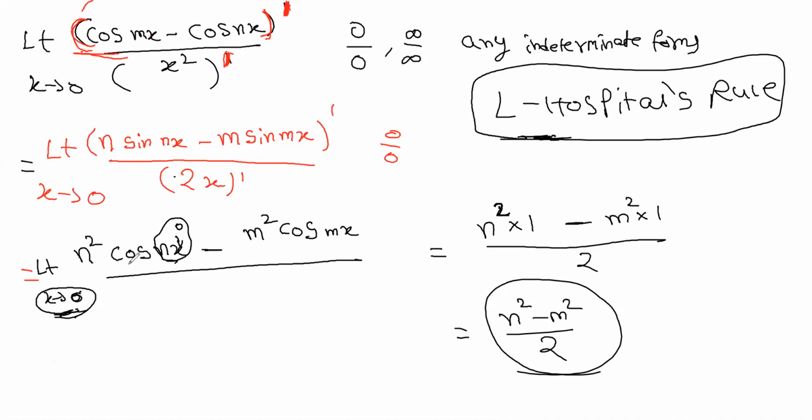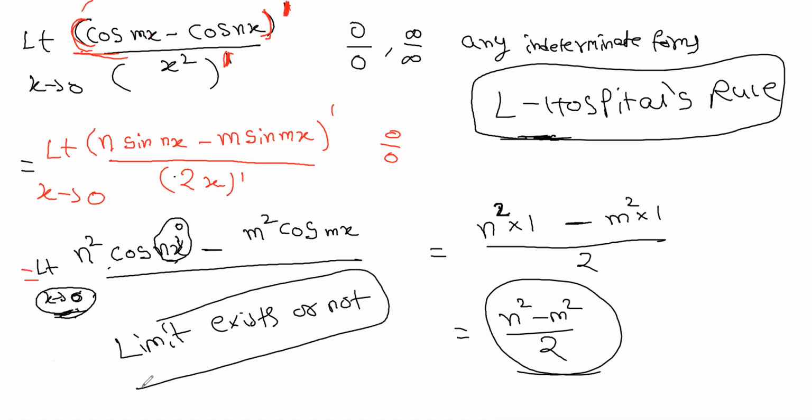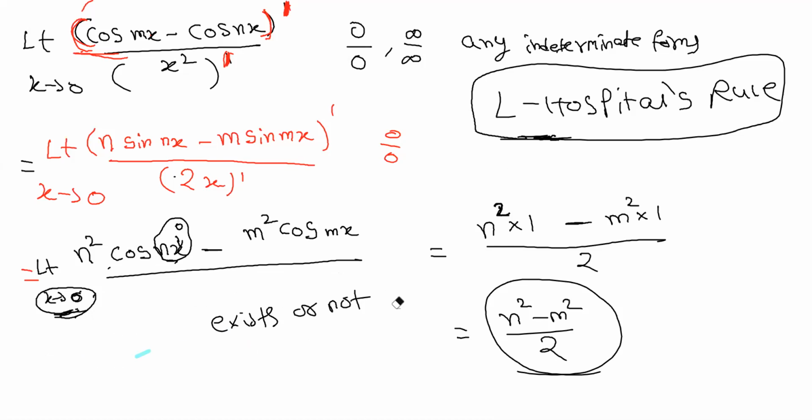The procedure is the same as what we are doing, just there is one formula for substitution. The same formula is used for finding whether the limit exists or not. We studied whether the limit exists or not depending upon left hand limit equals right hand limit.